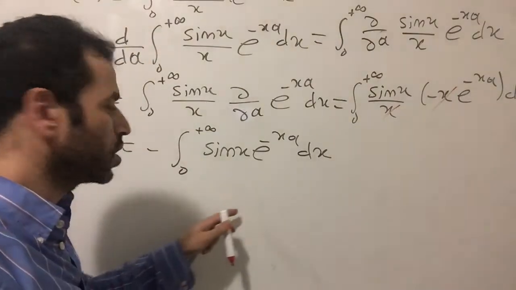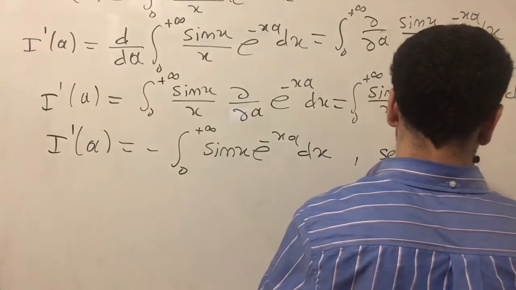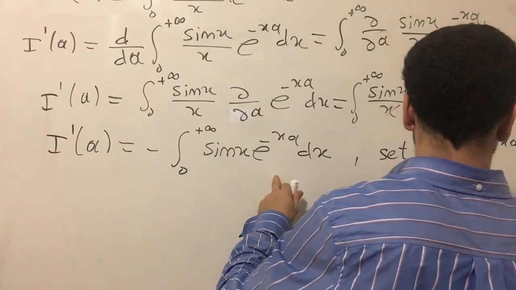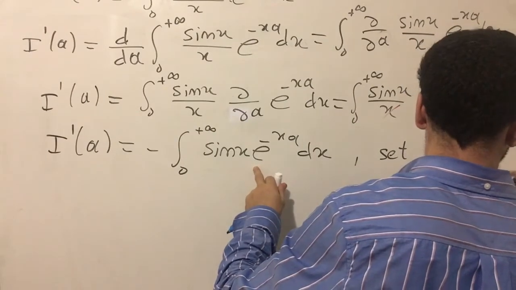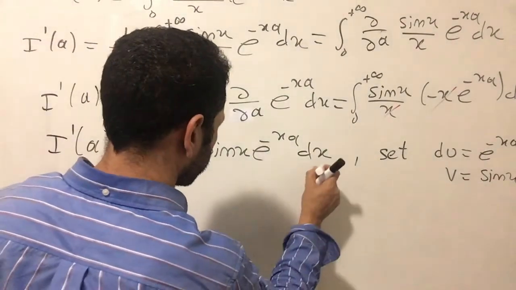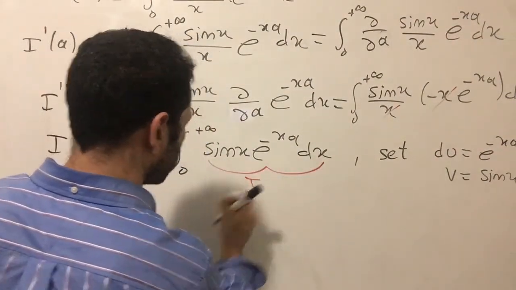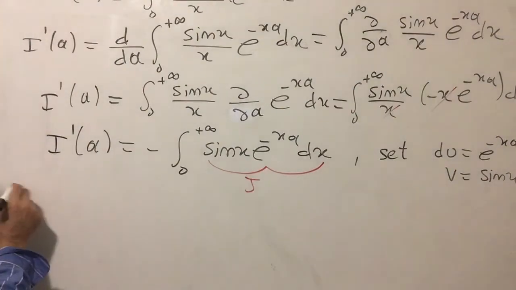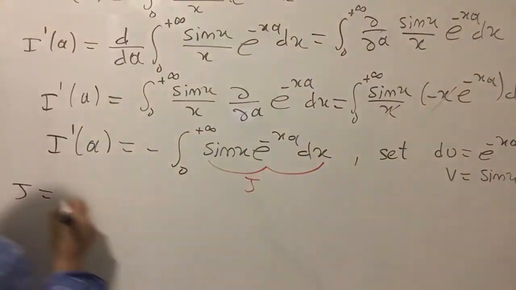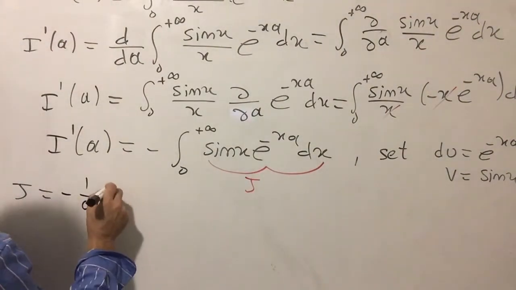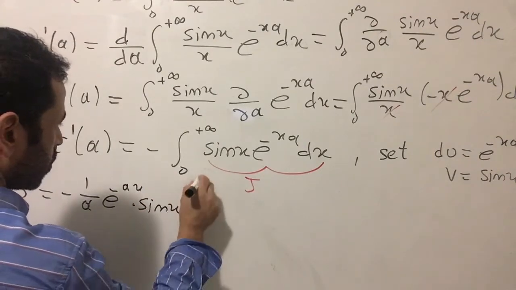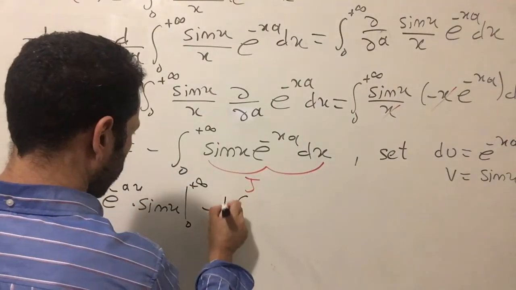By using integration by parts, let's set dv equal to e to the minus xa, and u function is sine x. Let's call this integral G. So G equals a primitive of this one, which is minus 1 over a e to the minus xa multiplied by sine x, with the bounds from 0 to plus infinity, minus the integral, with 1 over a outside.